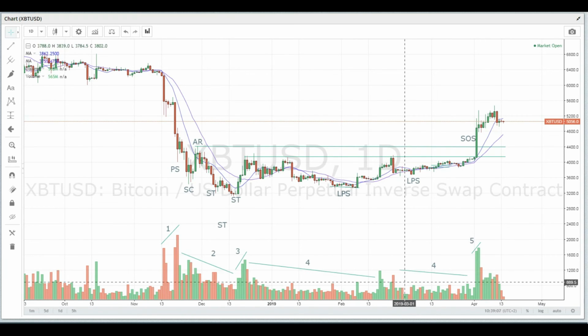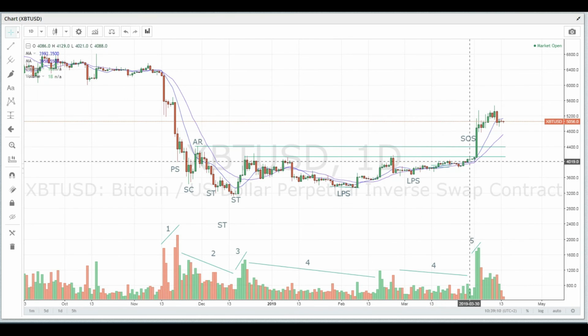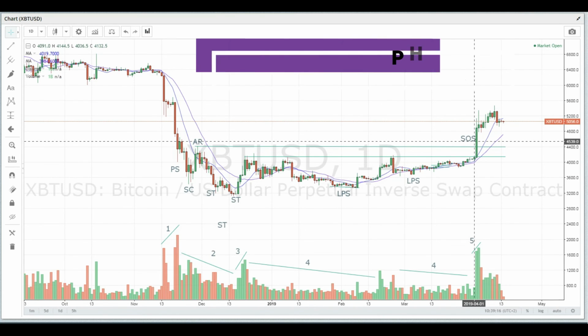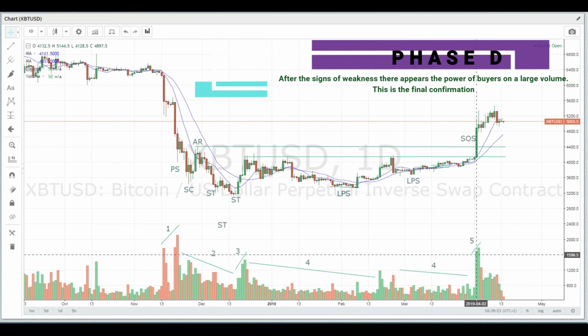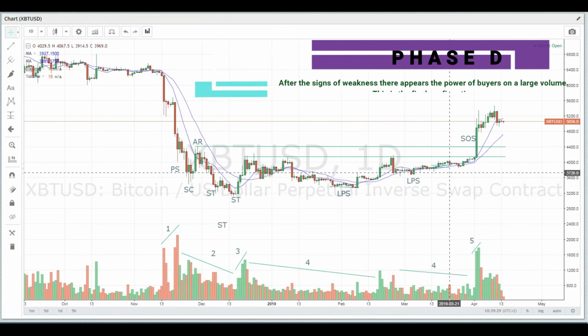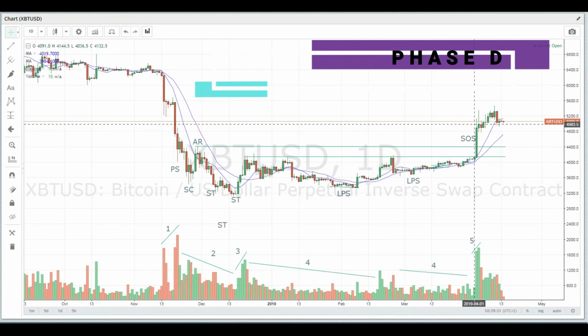Even on low volume the price can go up. And the final thing is this candle. It's the sign of strength, and you see the volume is really big. That means that the accumulation phase is finished.